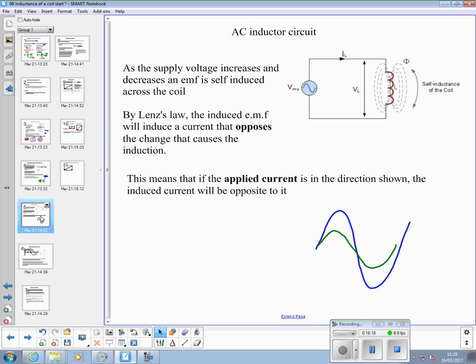So we get an induced voltage in that coil. But remember what we said, Lenz's law says that induced voltage will oppose the change in current that's causing it to happen.